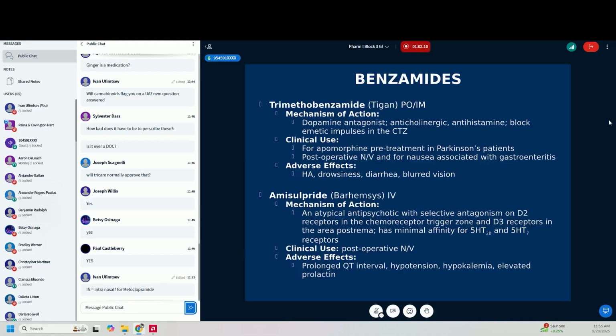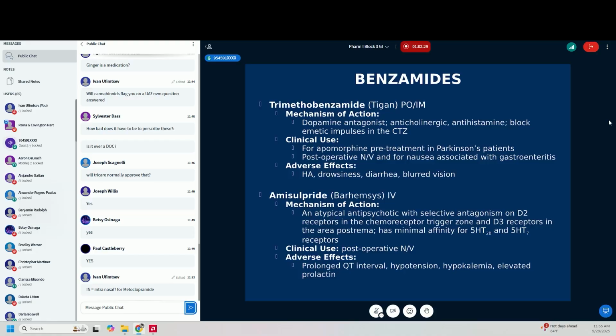Adverse effect, we're worried about that QT prolongation, the hypokalemia, hypotension, okay, so low blood pressure, low levels of potassium, and then this elevated prolactin can be an issue for some women sometimes, but it depends on what's going on.